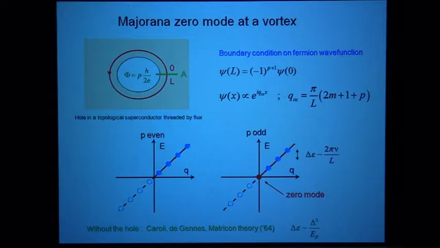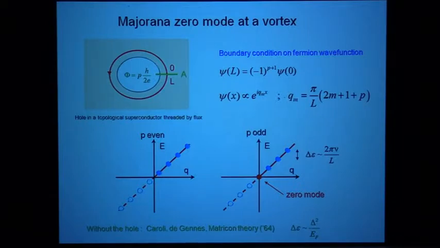But of course, since the hole has a finite circumference, the momenta of these chiral modes is going to be discrete. Okay, and so exactly which momenta you pick out depends on the boundary condition for how the phase of the Majorana mode changes when you go around.